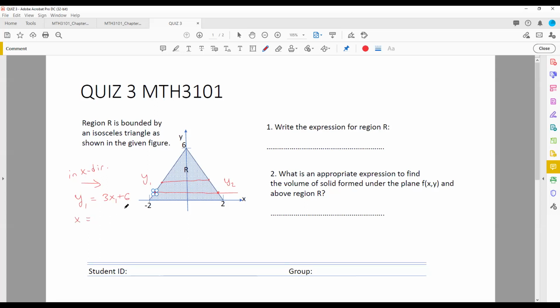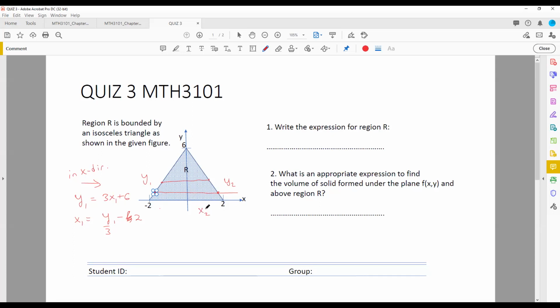So x equals y minus 6, that is y1 minus 6 over 3, which is also y1 over 3 minus 2. So this is for x1. x1 is coming from the left-hand side, and y2 corresponds to the exit point in the x direction.